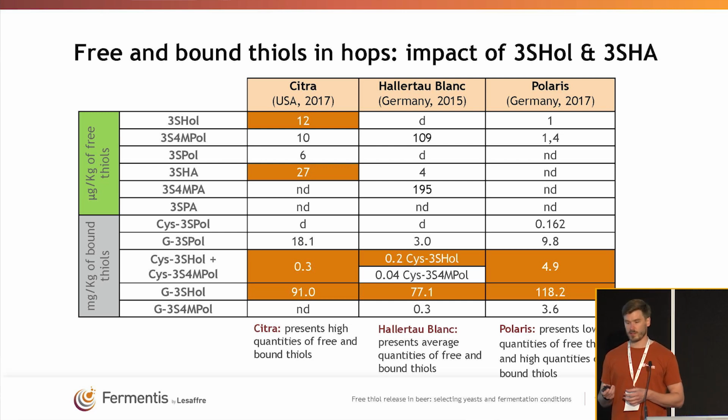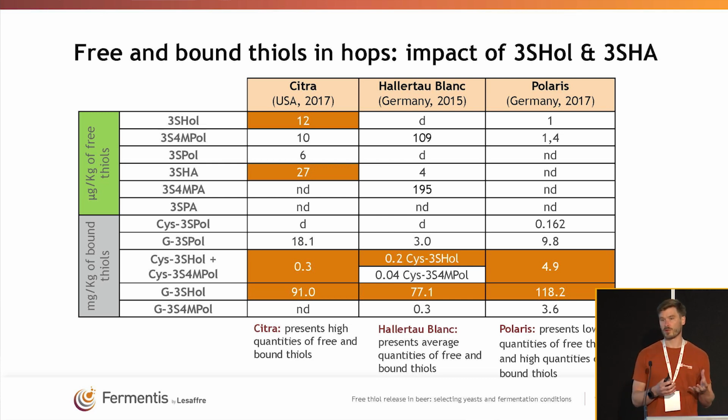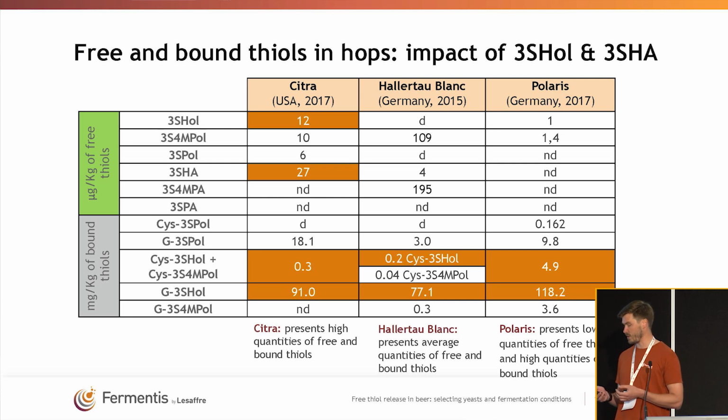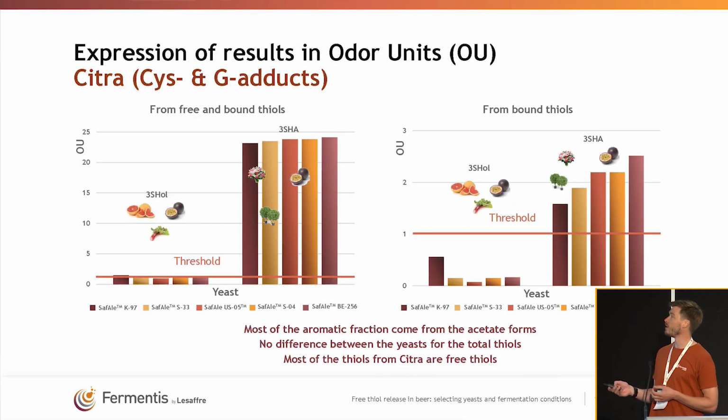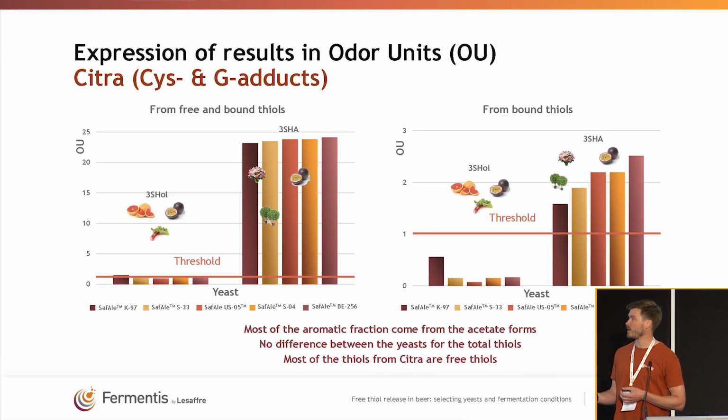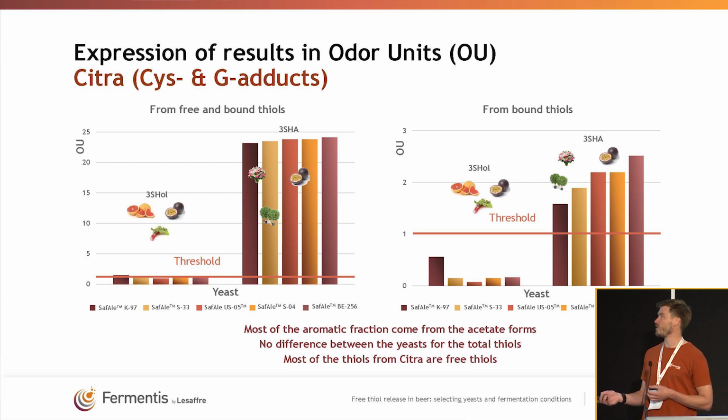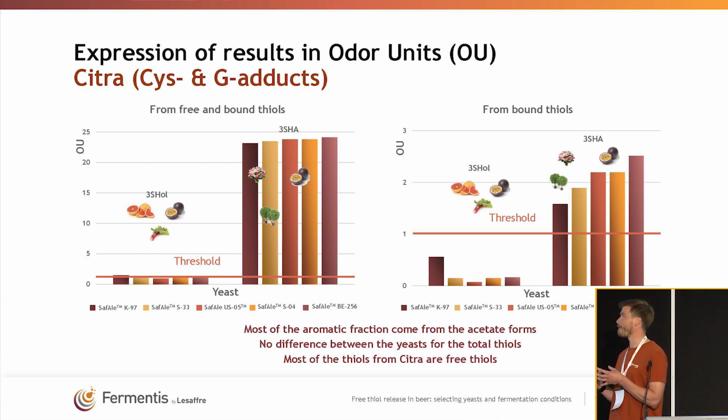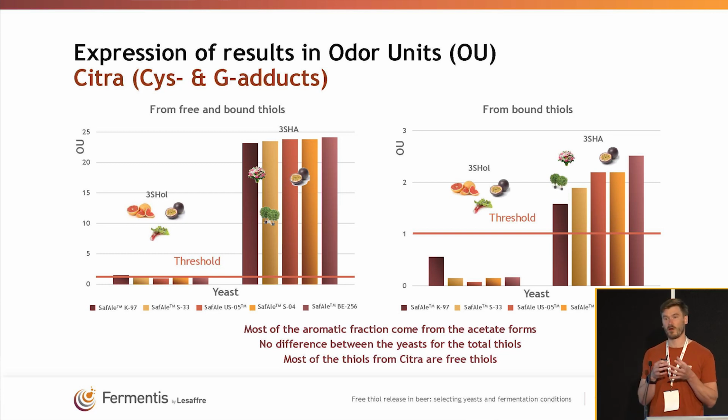So how would it look in a theoretical recipe? How much thiols could you expect by using Citra here, and by using either of those yeasts listed at the bottom? So here on the left-hand side, you have, in odor units, the amount of thiols from free and bound thiols.